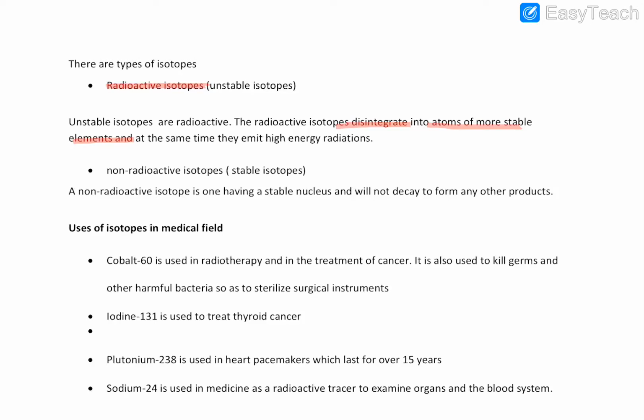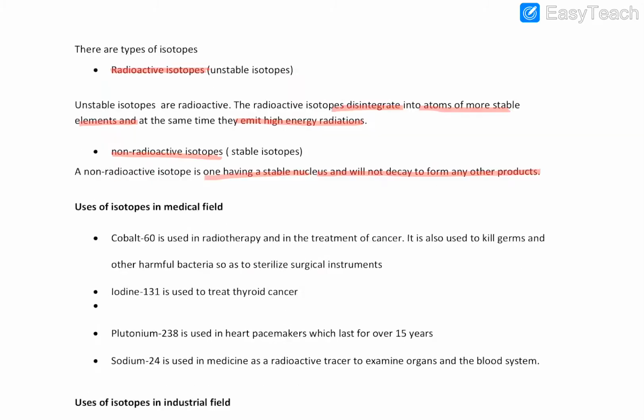A big nucleus disintegrates into smaller ones, so you end up with other elements that are more stable, and as it's disintegrating, it gives out high energy radiation. And non-radioactive isotopes are stable isotopes, which means that they have a stable nucleus and will not decay to form any other products.